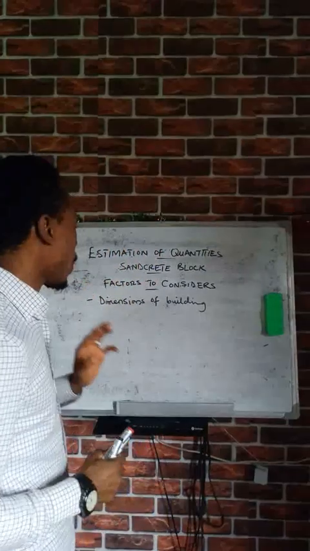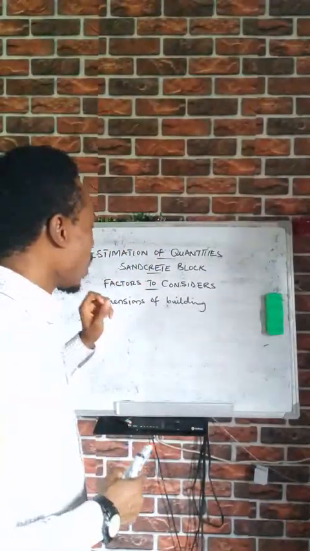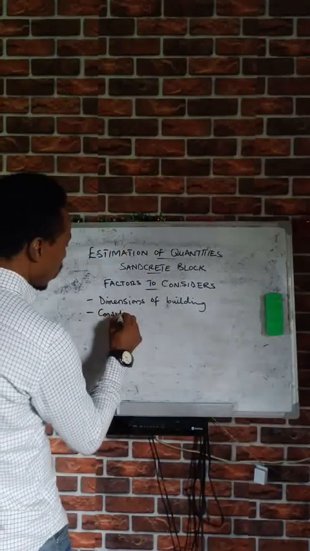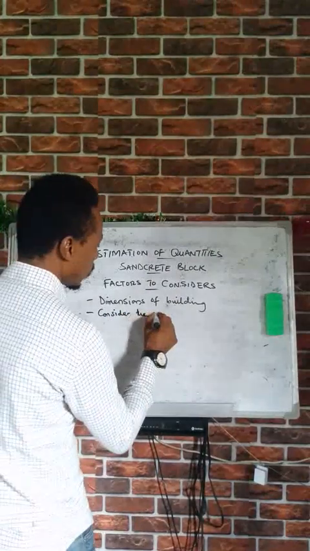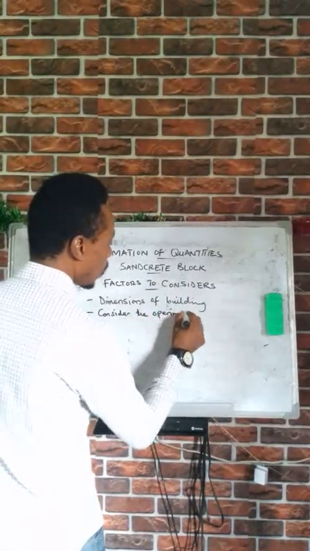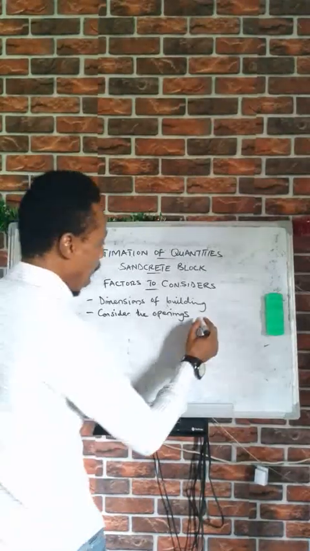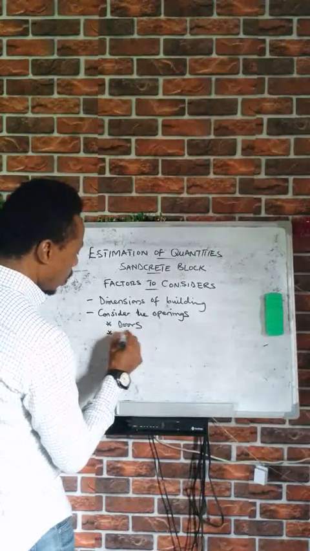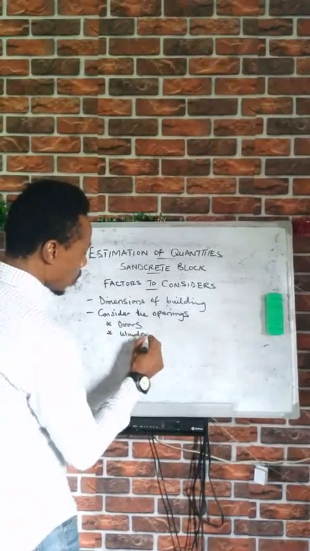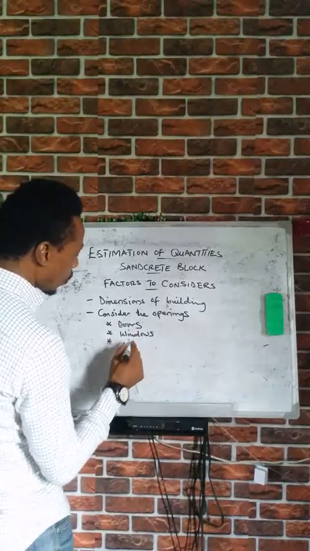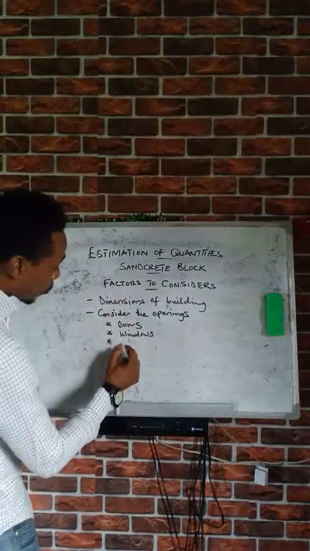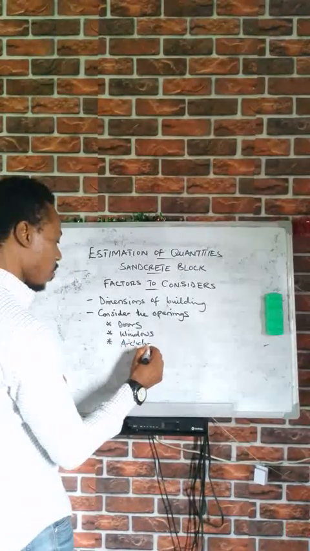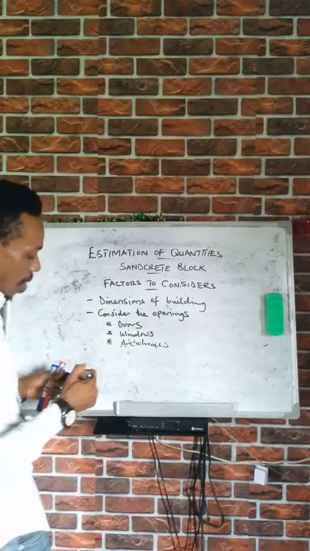Now, when you know those dimensions, you must understand that there are what we refer to as openings. You consider the openings. The openings here are your doors, your windows, and areas with architraves.